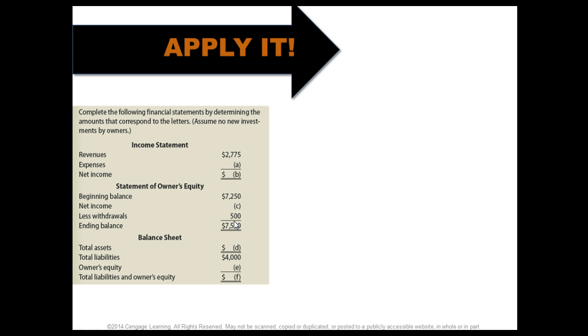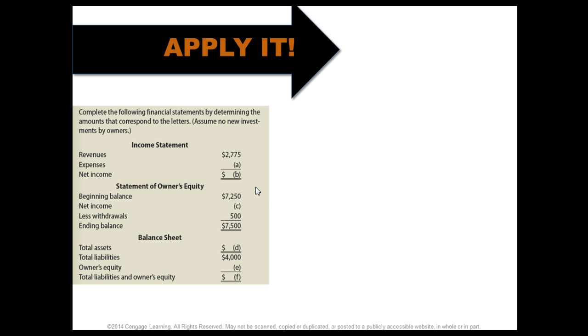Make sense? So we can take that net income of $750, make it be B here, right? So our revenues of $2,775 minus what gives us $750? $2,025. Great.